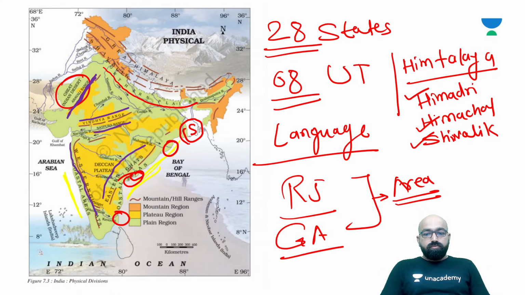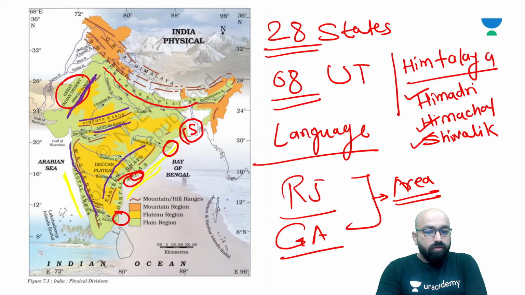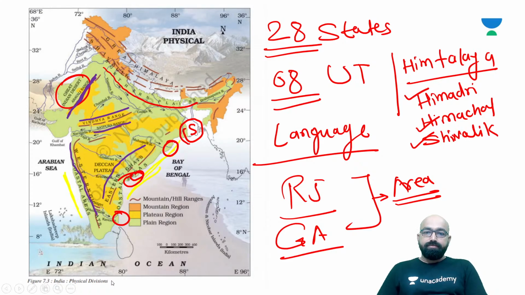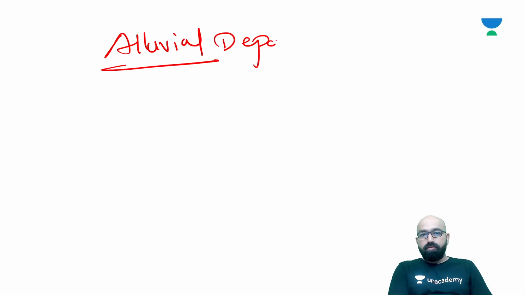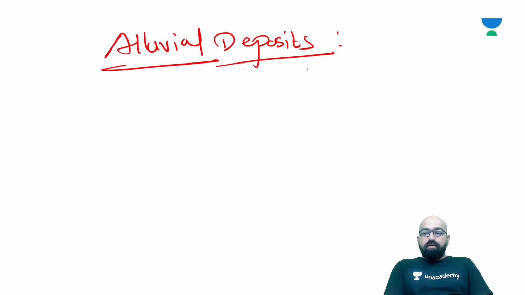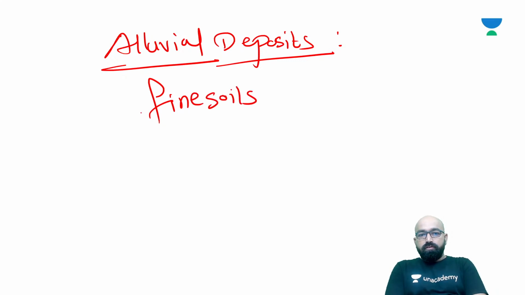Now, friends, when we are talking about alluvial deposits, basically these alluvial deposits are very fine soils brought by rivers and deposited in the river basins.